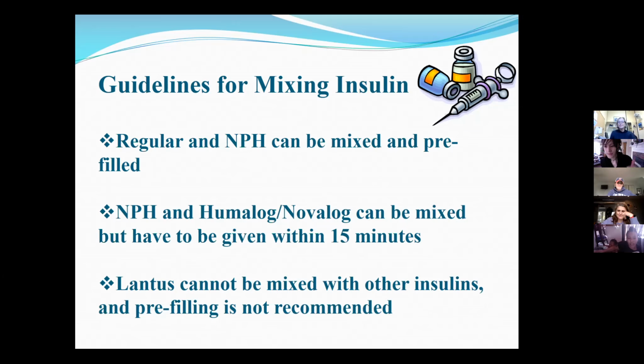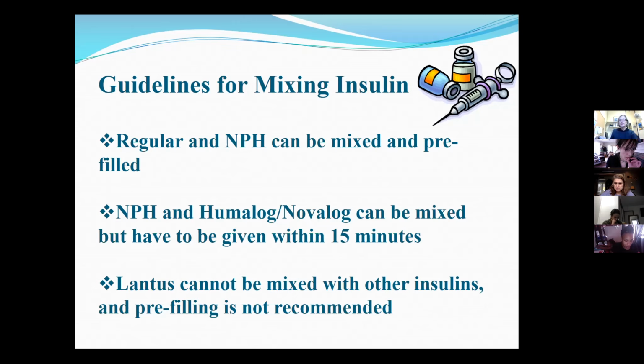I have a question. I just want to confirm, the regular is the clear and the NPH is the cloudy, right? Both regular, the short, as well as the rapid, are both clear.